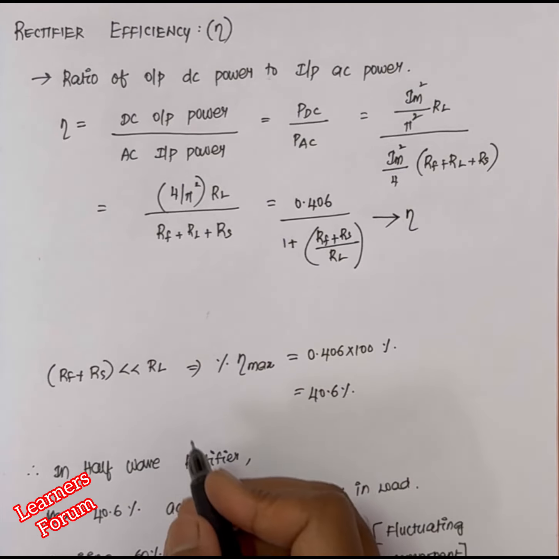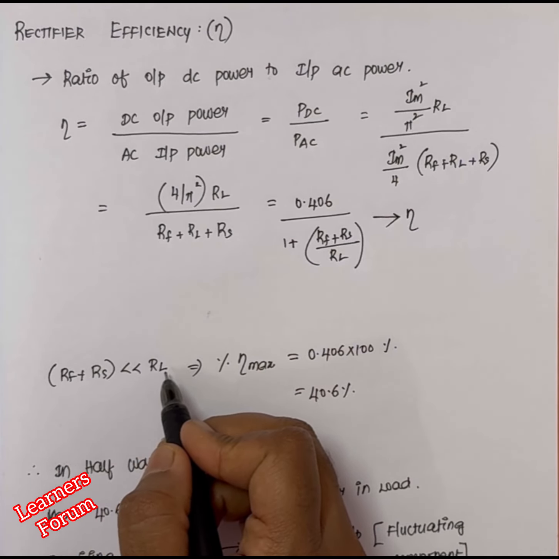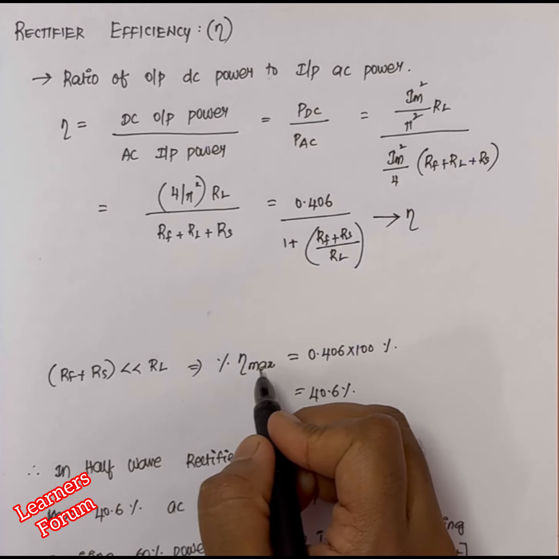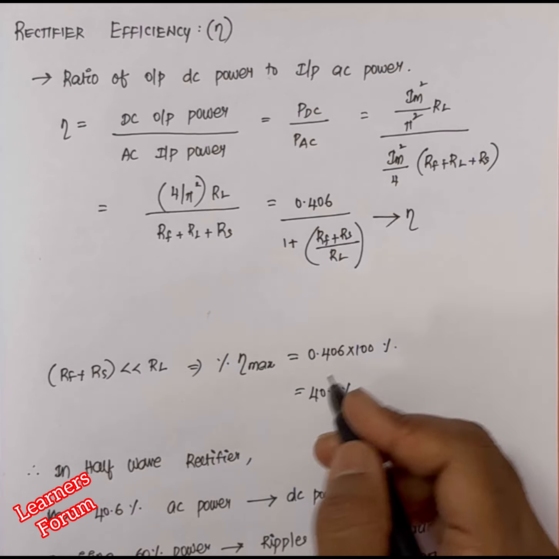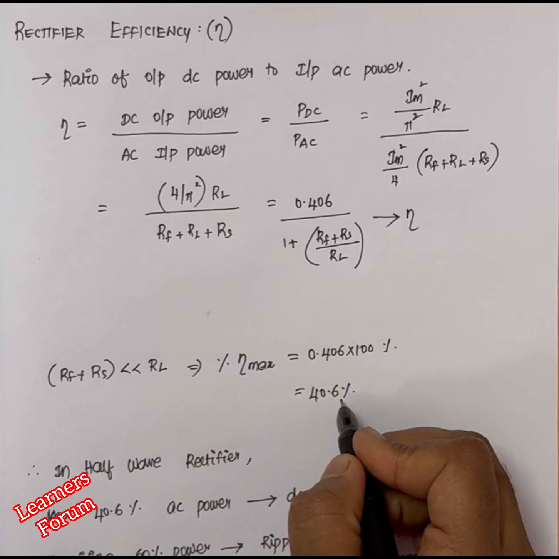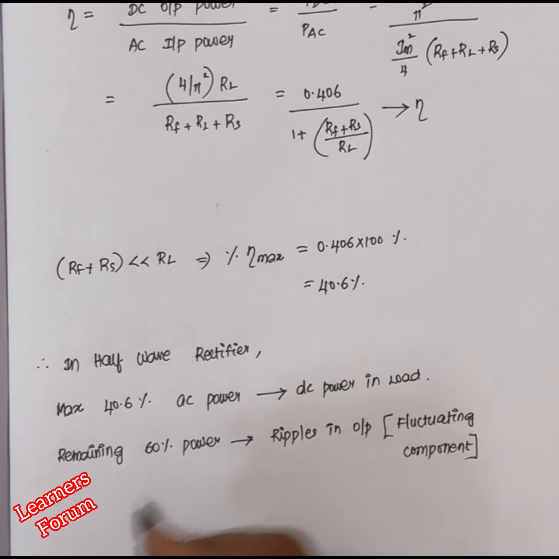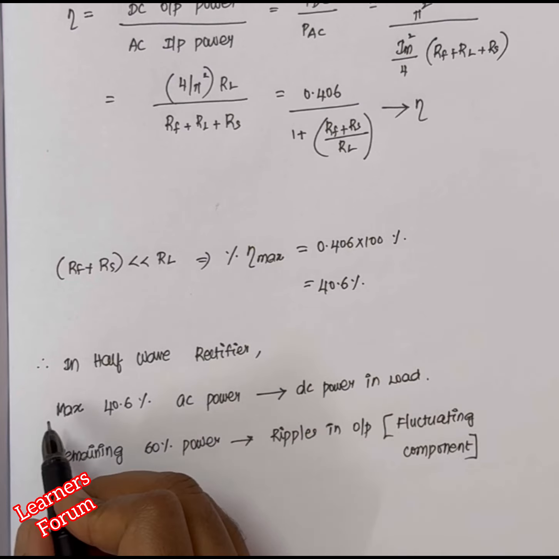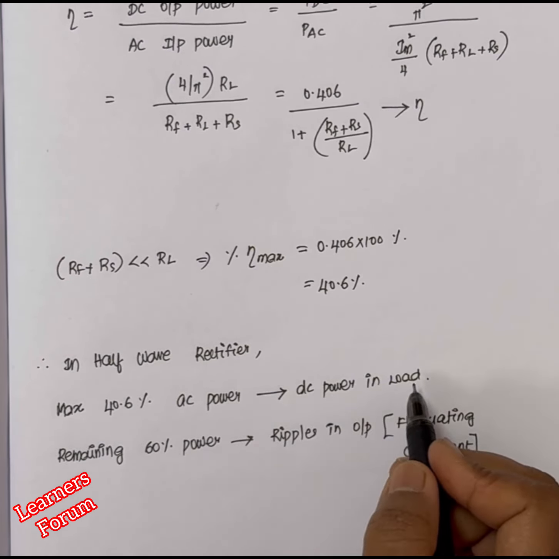Considering RF plus RS is very small compared to the load resistance RL, the maximum efficiency percentage will be 0.406 into 100%, which is 40.6%. So this is the rectifier efficiency value. In a half wave rectifier, a maximum of 40.6% of AC power will be converted to DC power in the load.